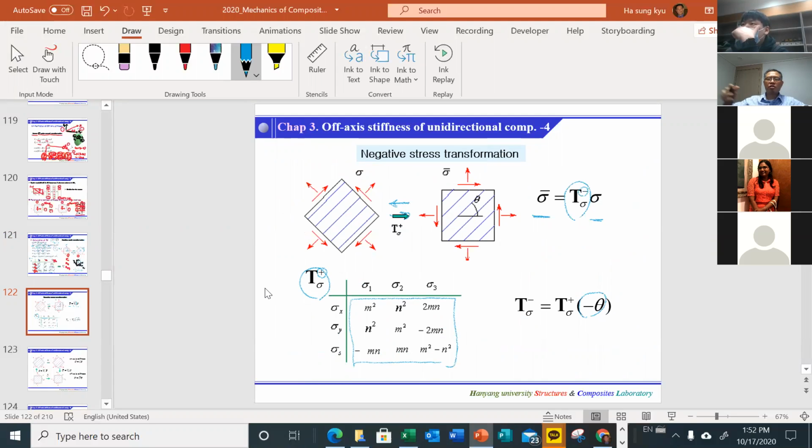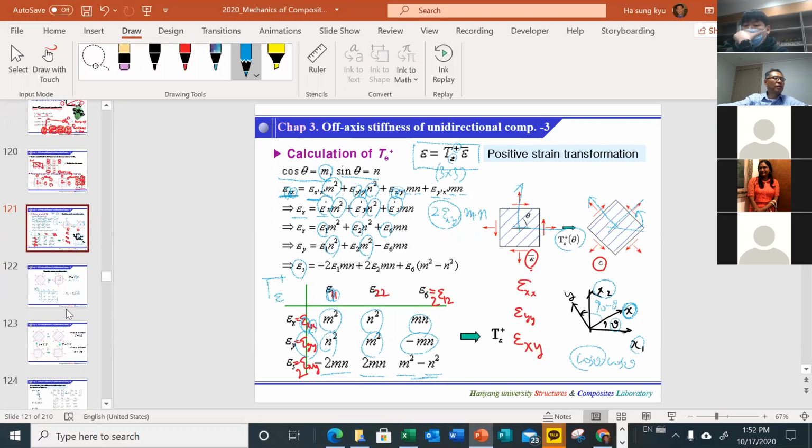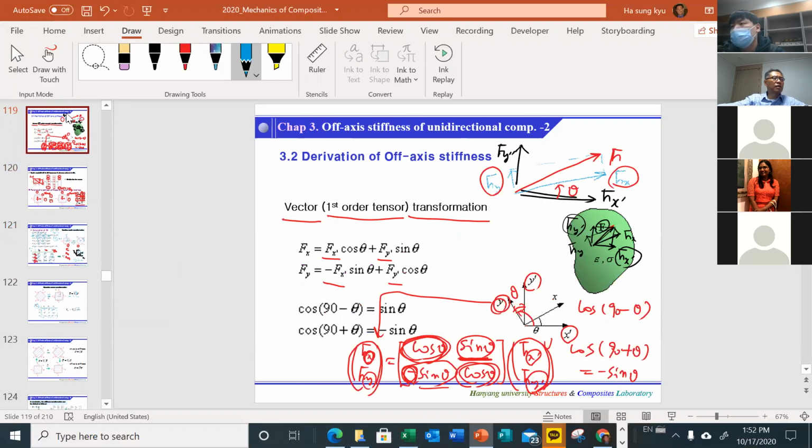Very similar to the strain transformation, but the only difference is that there is a term with twice, and there is no twice here. And compared to this, well, I recommend you fully derive them, but you don't have to memorize them. You can always refer to this table. Back to these stress transformations.